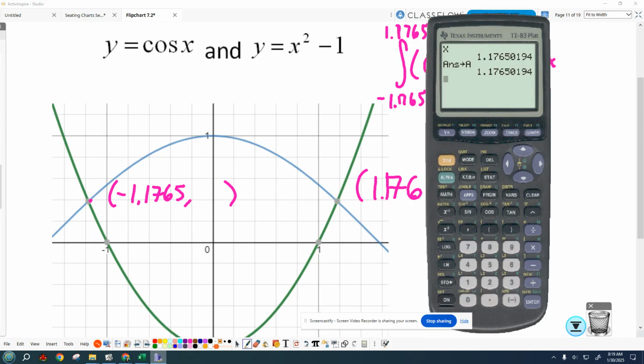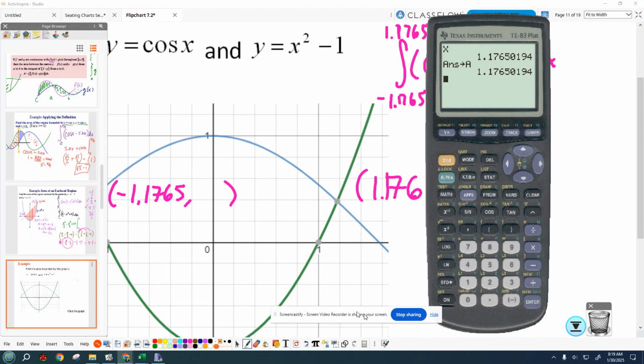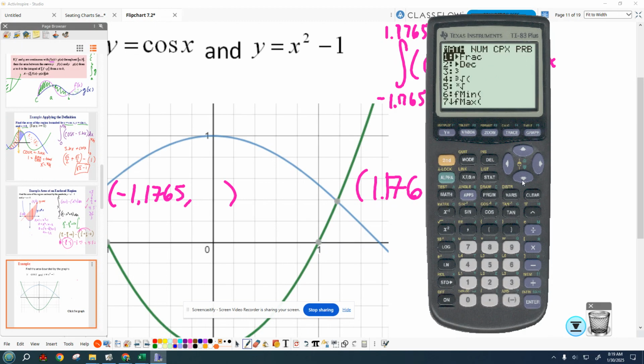So on my calculator, where's the integrate button? Math. I don't see anything. It is off the screen. It's number 9. Those of you with the really nice 84s don't have to deal with this, but oh well, I do.